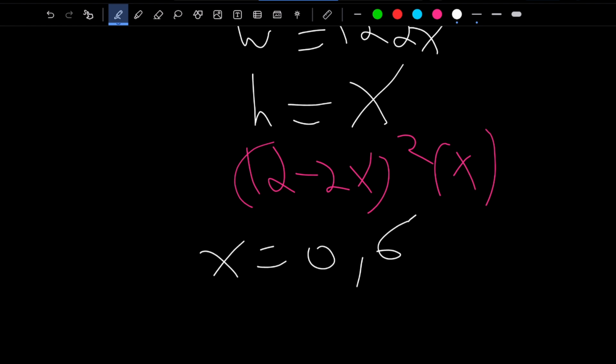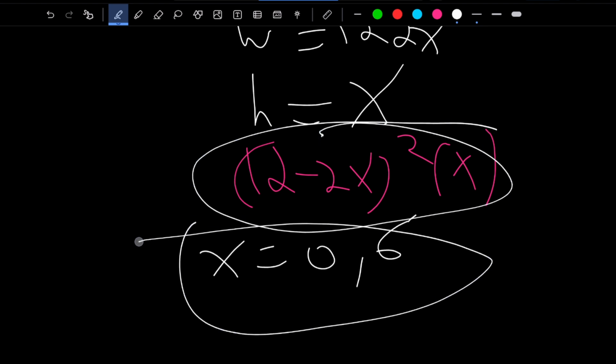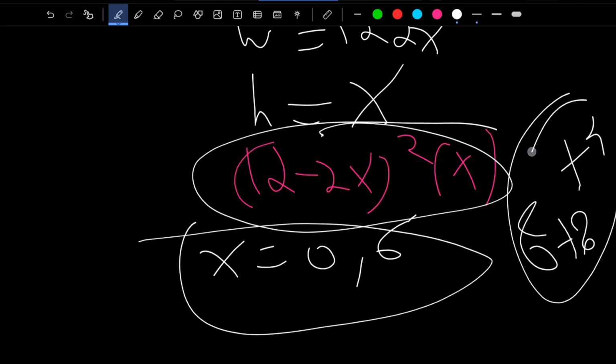So we plug in 0 and we plug in 6, and we figure out that x equals 2 gives the maximum volume, which is what we found from setting the derivative equal to 0. The endpoints are just our domain, because it can't be more than 6. Plugged them all in, and we get the box dimensions 8 by 8 by 2, and that's our maximum volume of the box.